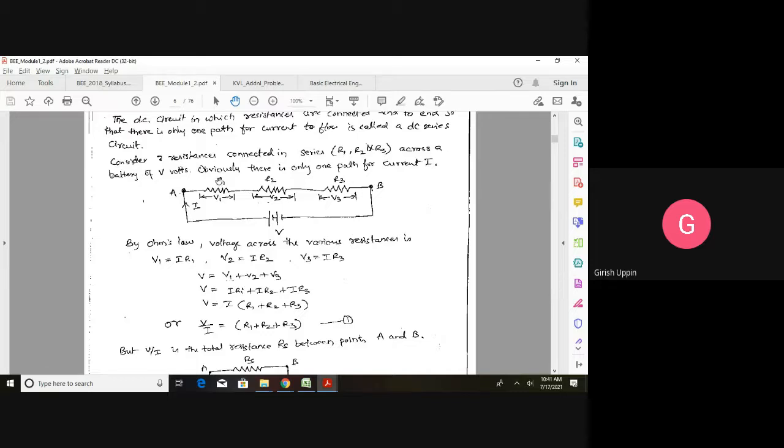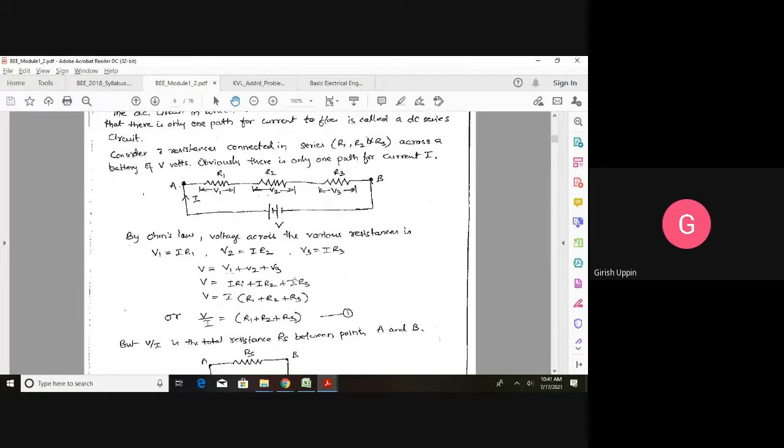This resistor has a resistance of R1, so the voltage dropped across this is V1 equals I into R1, V2 is equal to I into R2, V3 is equal to I into R3.